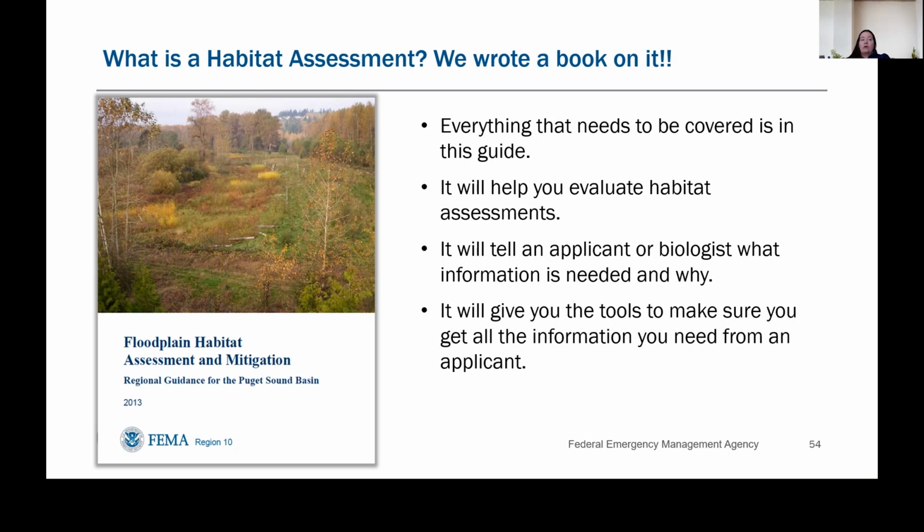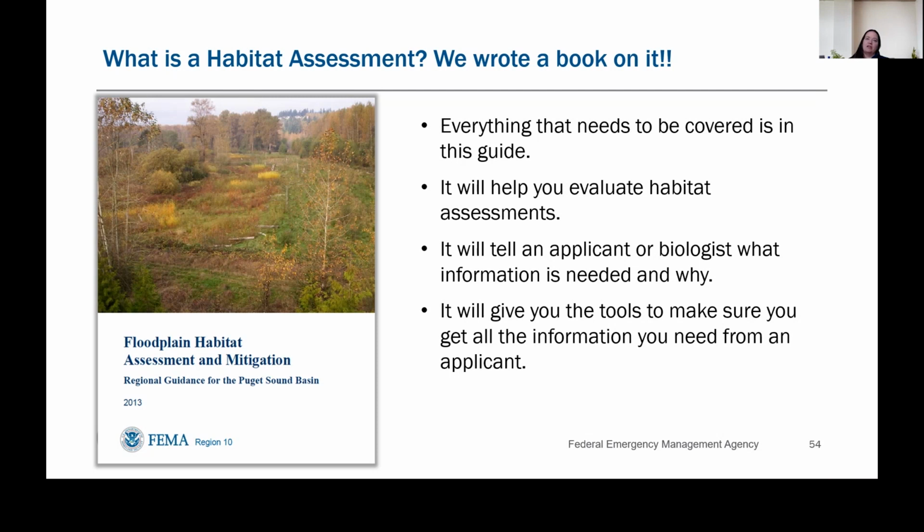Yeah, and another great thing that this does is, as local planners, most of us don't have a background in biology, right? And sometimes it can be hard to even formulate the questions. You can read a habitat assessment and get a sense that it doesn't have everything that's needed, but it's hard to figure out how to ask that, right? Well, this guide will help.